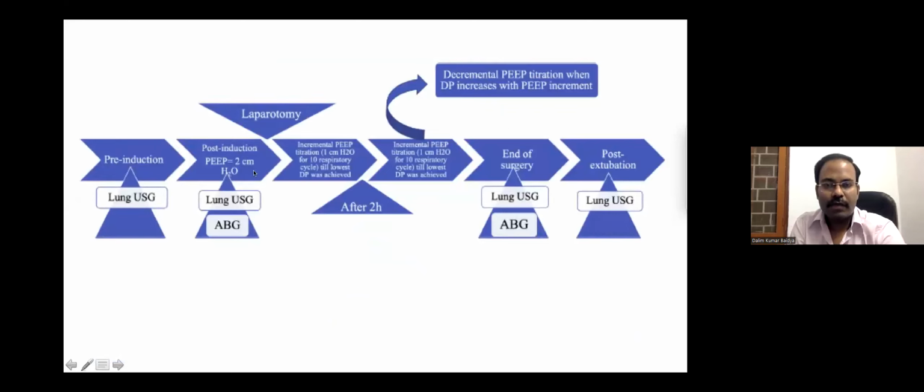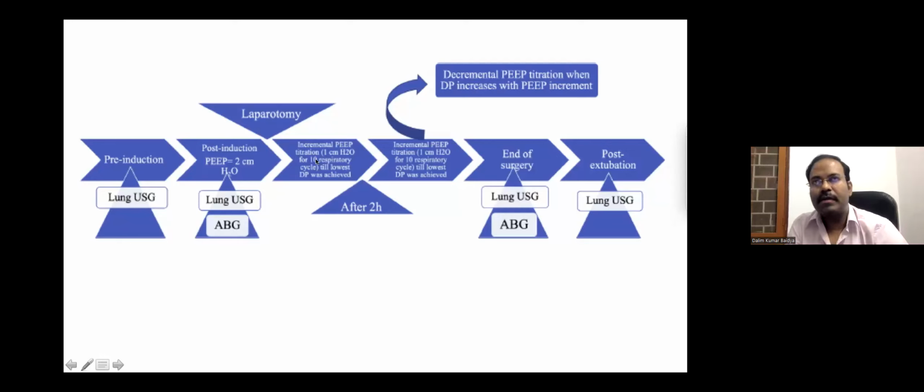after the induction of anesthesia, at that time we kept PEEP of 2 and then incrementally set the PEEP in gradual increments of 1 centimeter of water and noted the driving pressure. We found out at what PEEP the driving pressure is lowest.